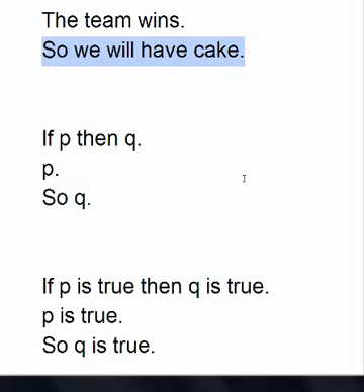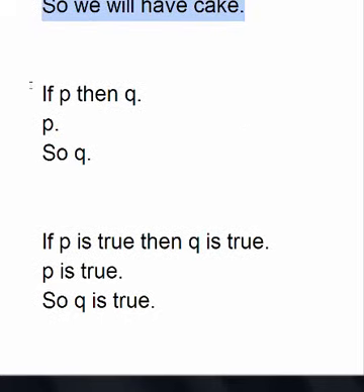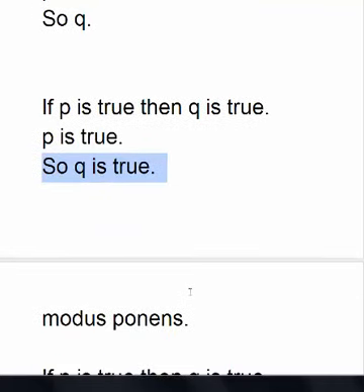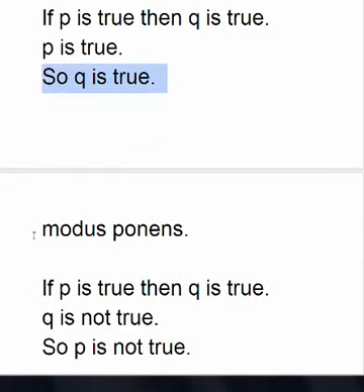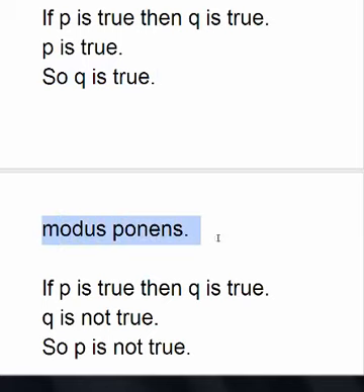So what is that general form? If P, then Q, or if P is true, then Q is true. P is true, so Q is true. That is the classic modus ponens form. Modus ponens, the mode of affirmation, something like that in Latin.